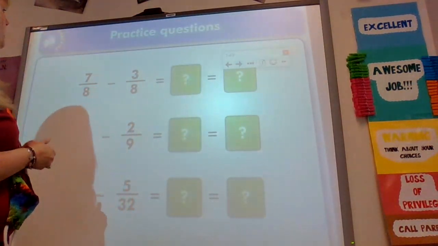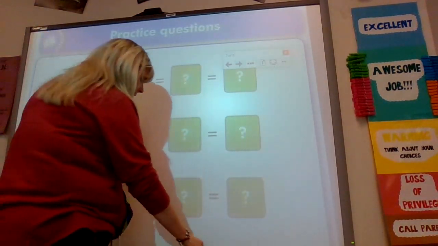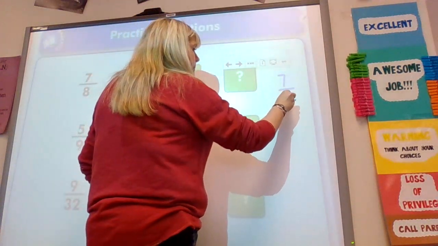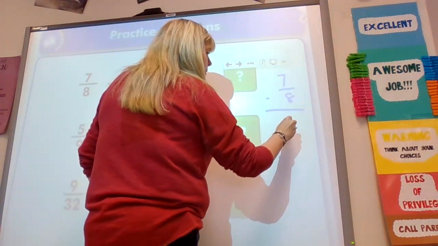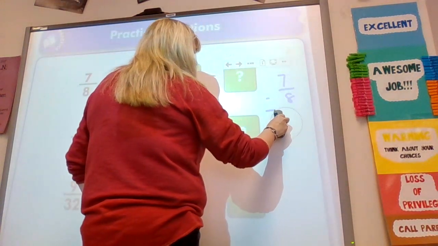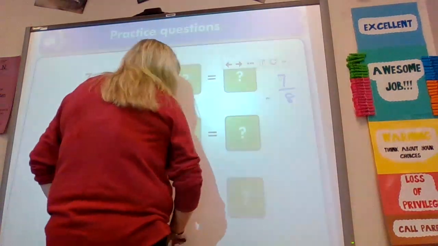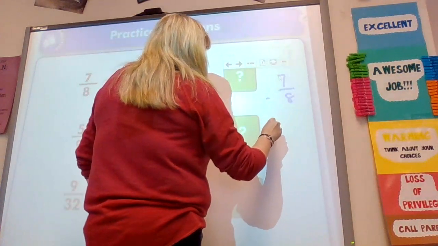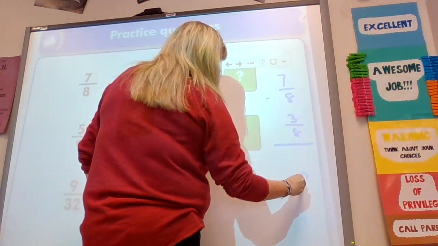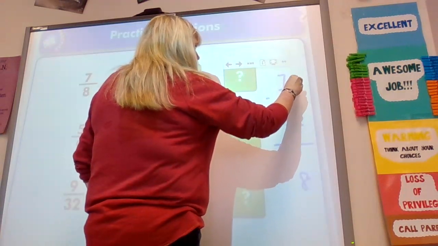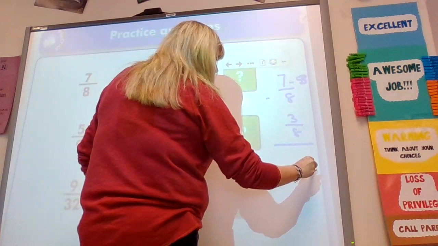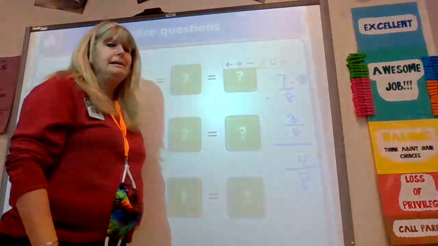All right, let's see what we've got here. 7/8 minus 3/8. So we're going to start and line them up. 7/8 minus 3/8. My denominator is 8. 7 minus 3 is 4, which is 4/8.